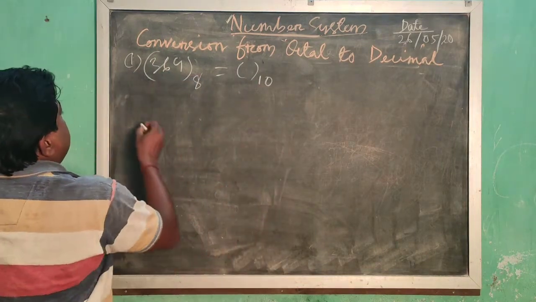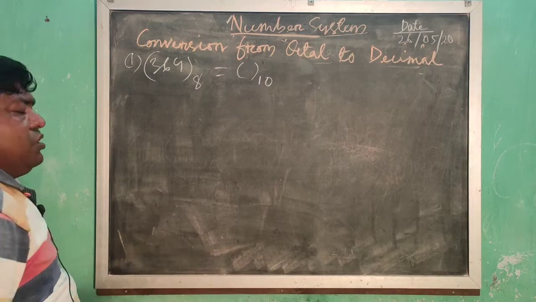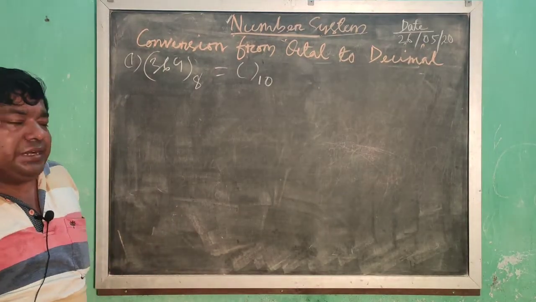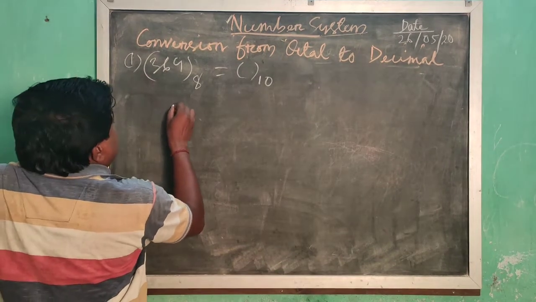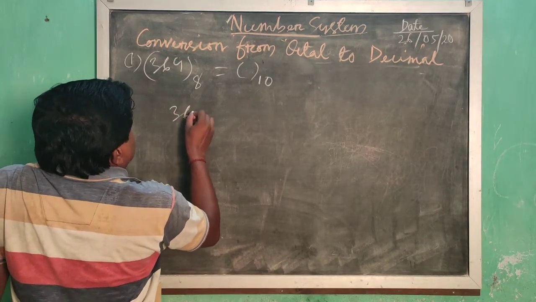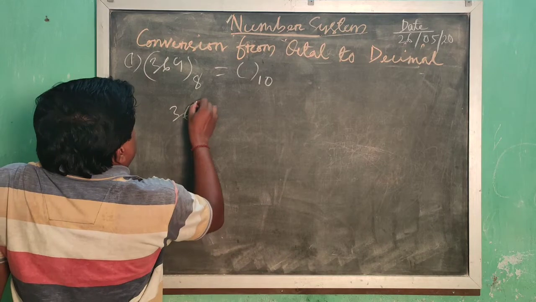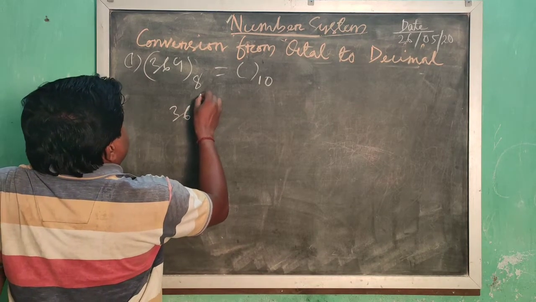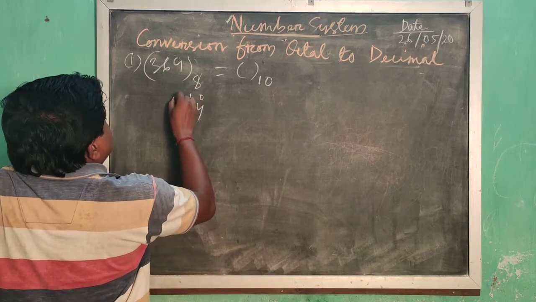Okay, when we want to find the decimal number of an octal number, similarly you write the octal number, then put the place value from right to left, beginning from 0.